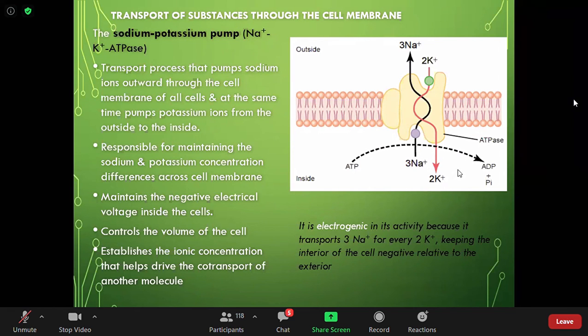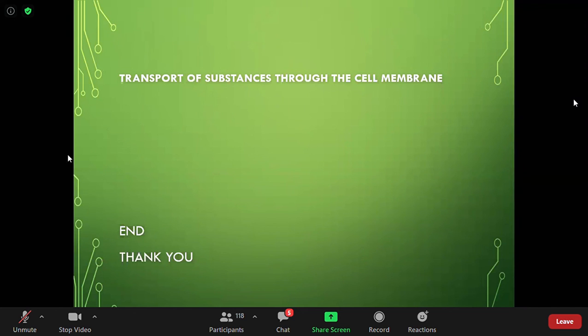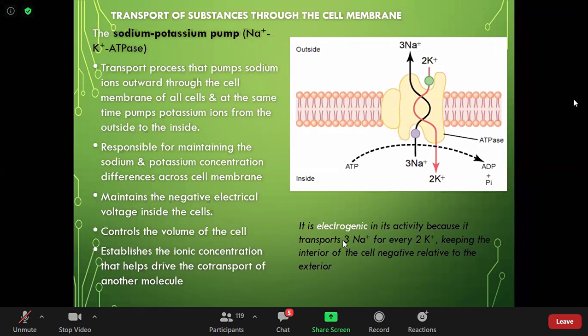And the ATP will be reduced to ADP, okay, plus 1 phosphate. The phosphate will be utilized as energy in the process of pumping the sodium out and potassium in through the use of your sodium potassium ATPase.